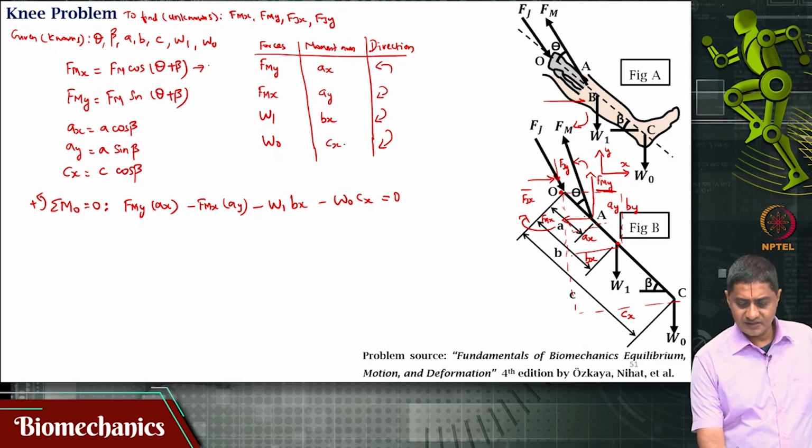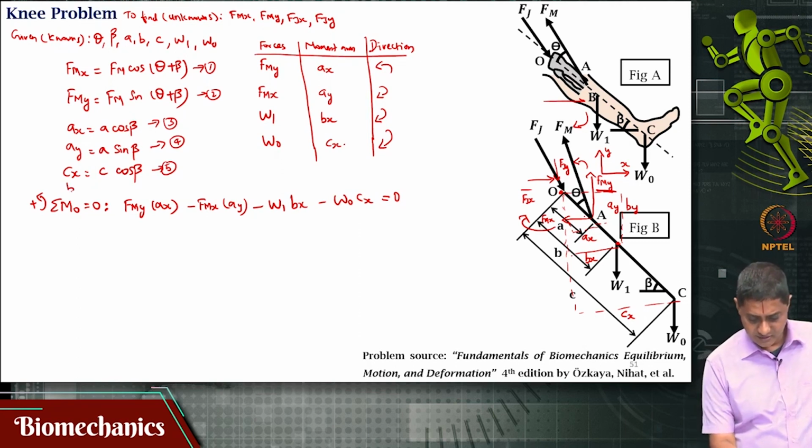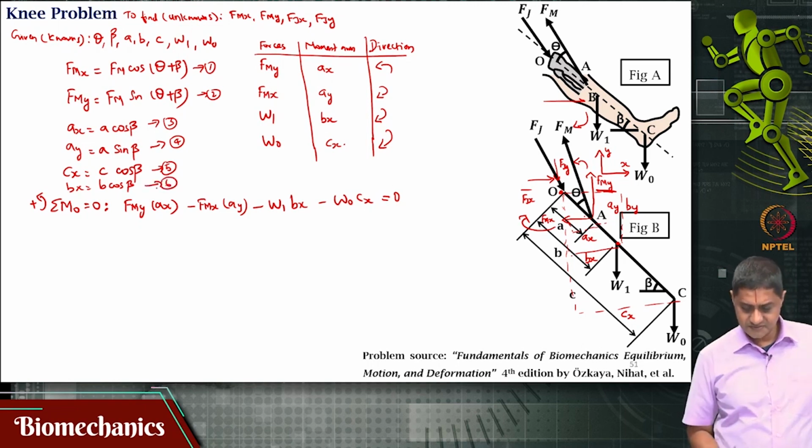Now, let us name these equations as 1, 2, 3, 4, 5. Something that we have forgotten is that Bx is B cos beta, that is equation 6.